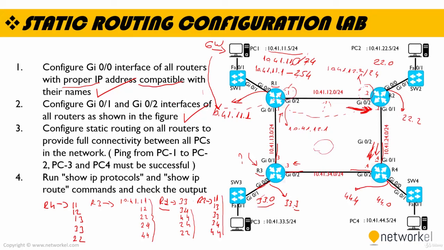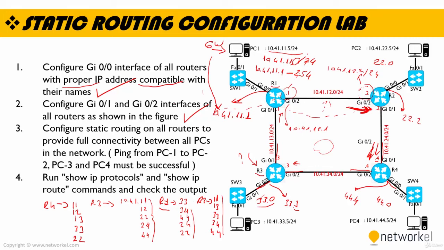For example, let's say that PC1 wants to communicate with PC2. The packet will come to router 1. Router 1 will check the destination address, see that it's 22.0, and send the packet to here.